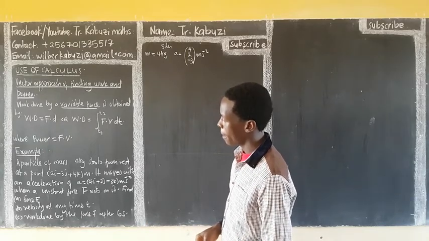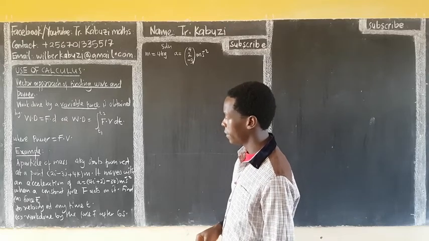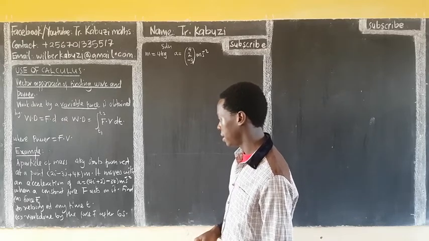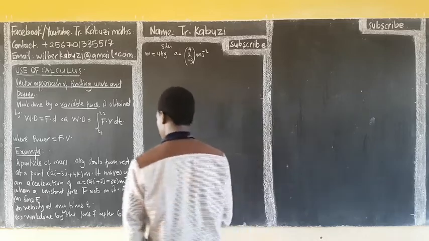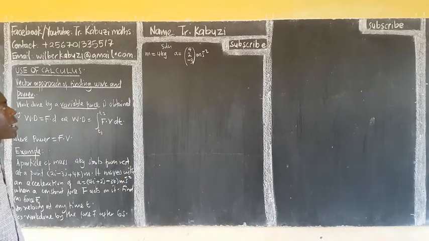Find A, the force F; B, the velocity at any time t; then C, the work done by the force F after 6 seconds.